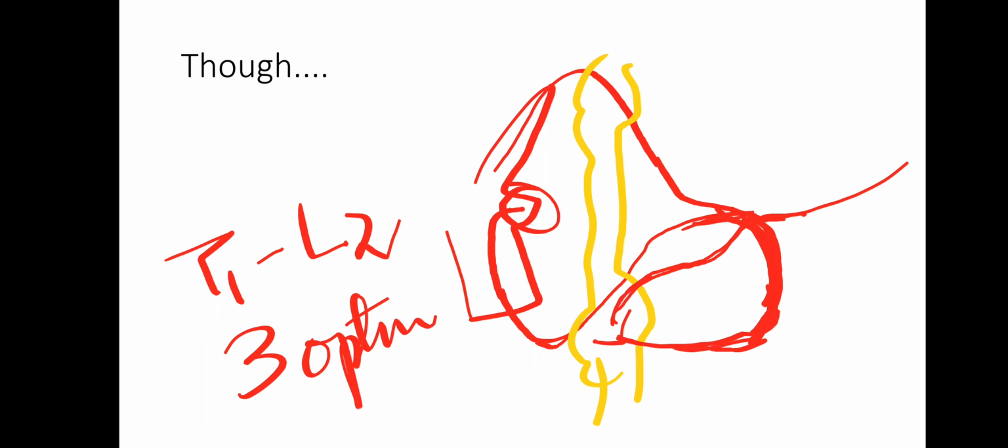These postganglionic fibers are unmyelinated and that's why they are called gray rami communicants. The preganglionic nerve fibers are myelinated and that's why they are called white rami communicants. This is the first option.